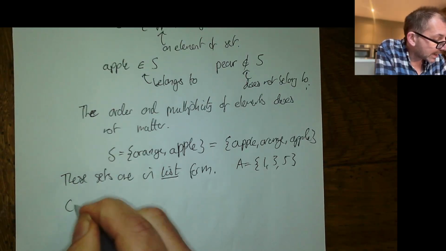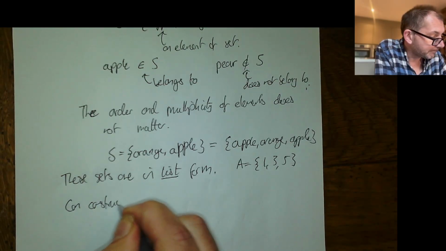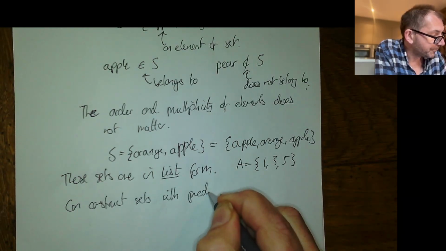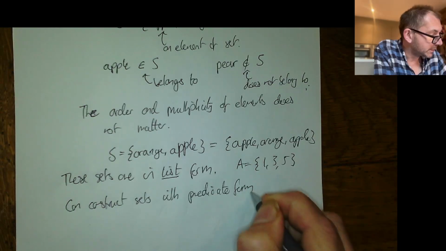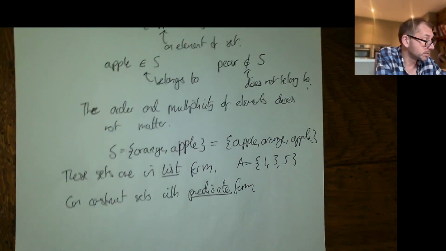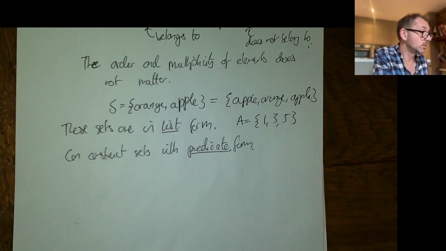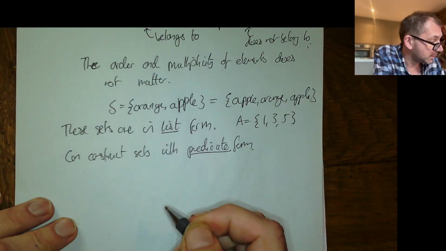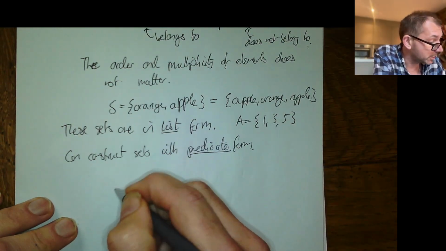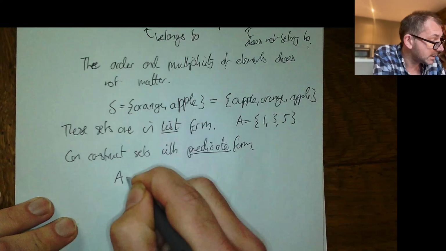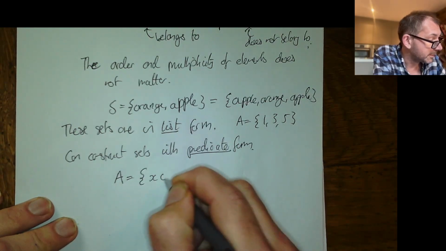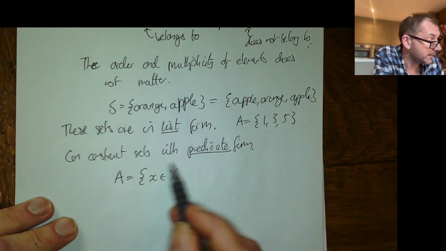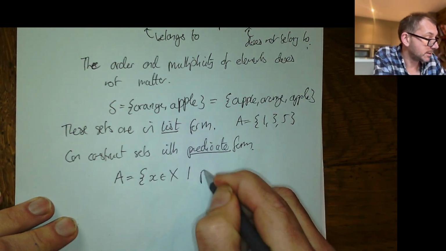So we can construct sets with predicate form. And this is very useful if, for example, you have an infinite set you have to work with, you're not going to be able to write down all the elements in a list. So this is the way you do it. You say A is going to be equal to the set of elements X that you're after, satisfying some predicate.